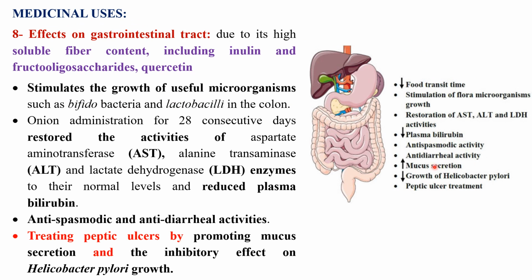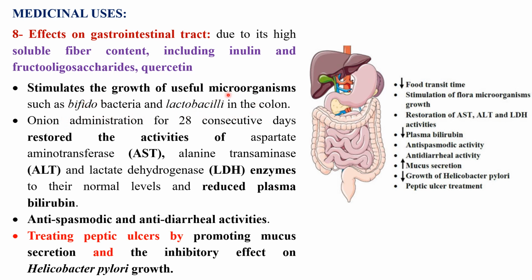Onions also have a very important role in the gastrointestinal tract due to their high soluble fiber content, including inulin, and also due to the presence of polysaccharides such as fructooligosaccharides and quercetin. Onions could stimulate the growth of useful microorganisms such as bifidobacteria and lactobacilli in the colon.